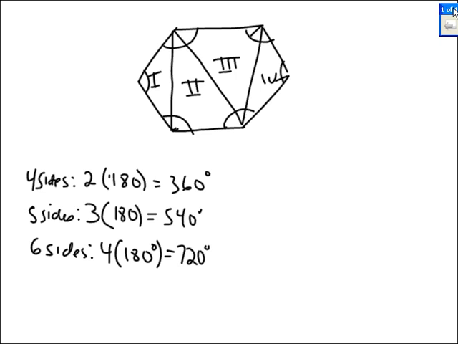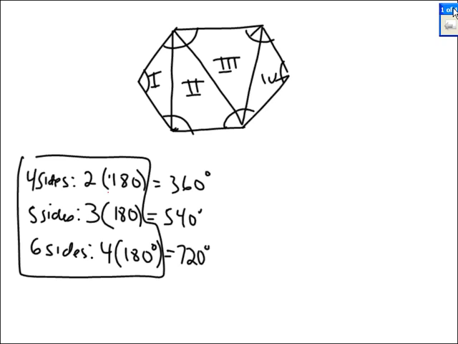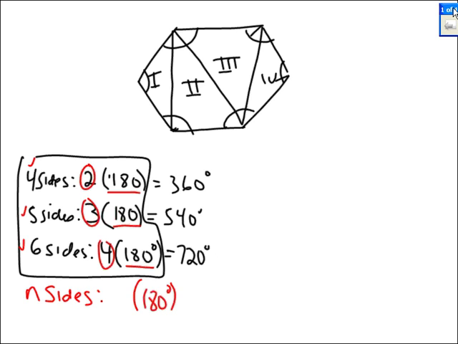Now, if you notice the pattern, I notice one thing that keeps coming up: 180, 180, 180. So when we generalize and talk about N sides, I know one thing: if this pattern works, I'm going to have 180. And then I look, and 2 and 3 and 4 keep going up by 1, just like 4, 5, and 6 go up by 1.